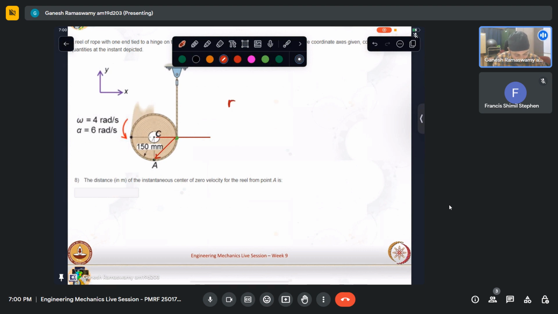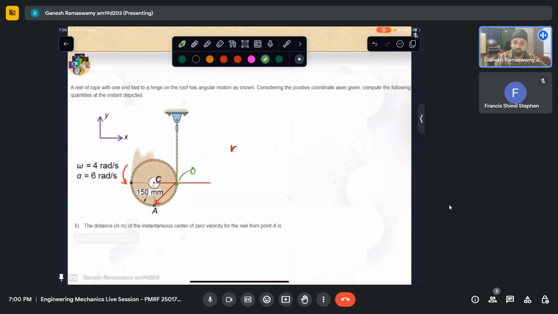Now let us represent it by a vector first for use in the other question. Let me call this point O. I hope O is not used up anywhere, so as to not cause confusion. I can take that to be O comfortably. So this is A with respect to O. With the positive coordinate axes, I will be taking this axis and putting it there and then finding it out. The radius of this reel is given to be 0.15.